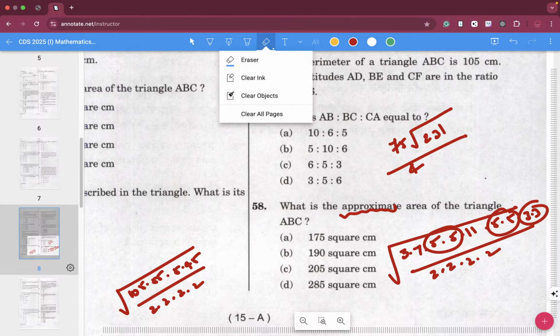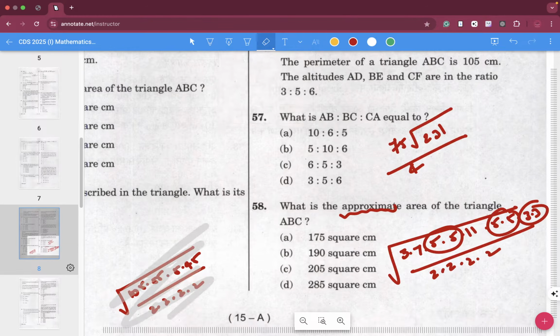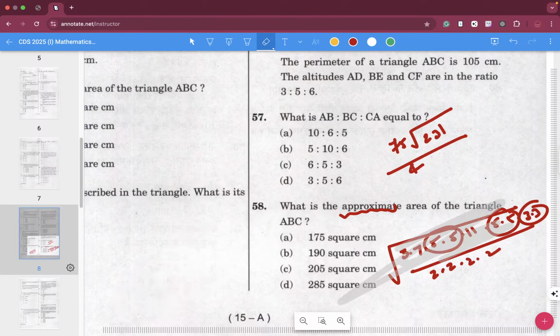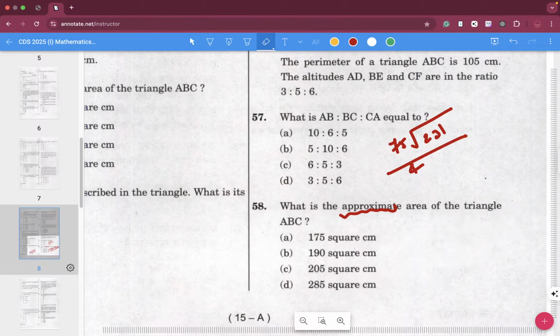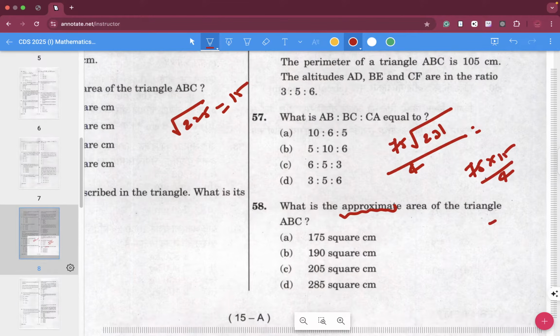Okay, so we have to do a little bit of approximation over here, folks, right? So how do you do the approximation? We know the value of root under 225 is 15, right? Isn't it? If the root under 225 is 15, we can simply write it like 75 into 15 by 4.